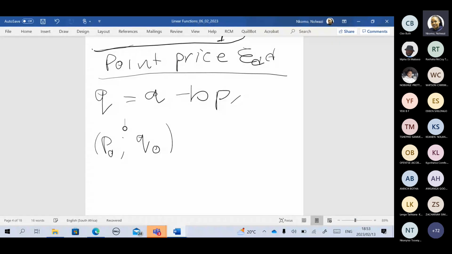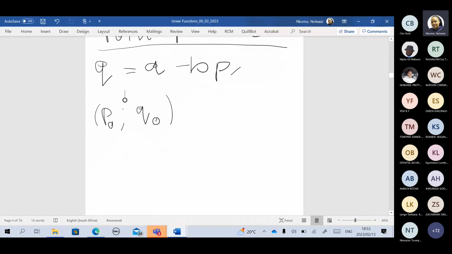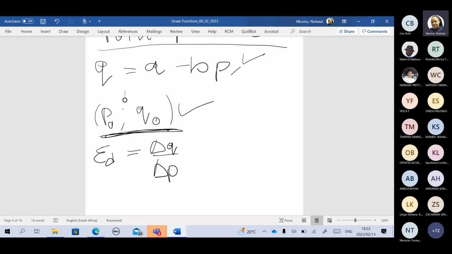If we are given this general equation and a point, and we are asked to find the point elasticity at this point, then our point elasticity of demand will equal the change in quantity over the change in price, times the given price over the given quantity, right?